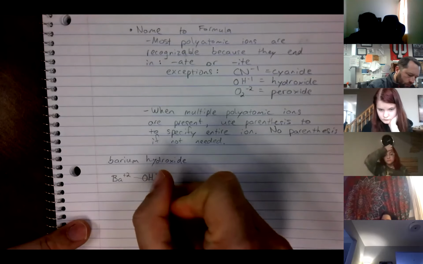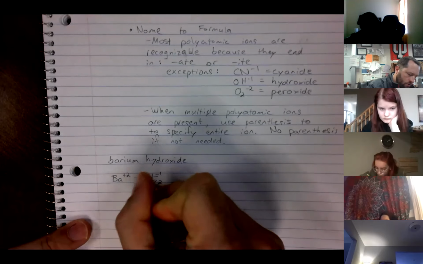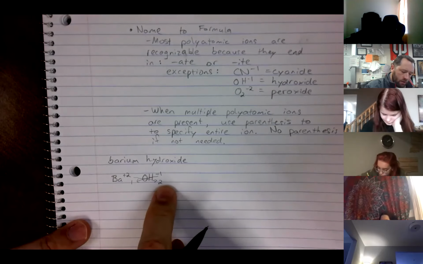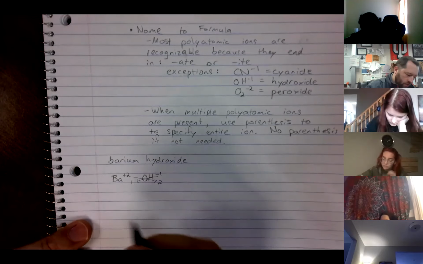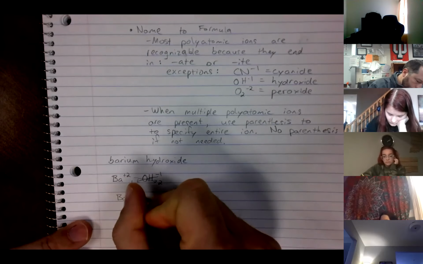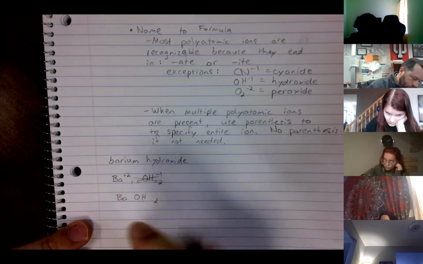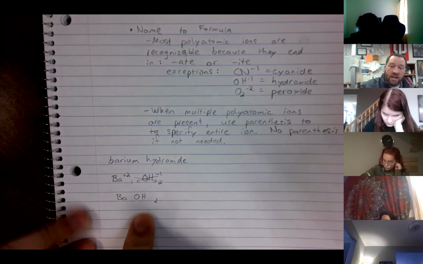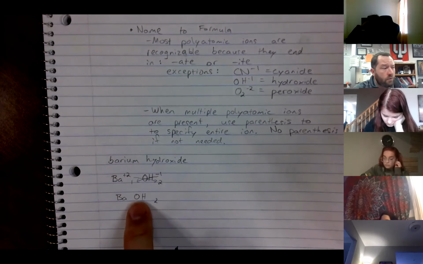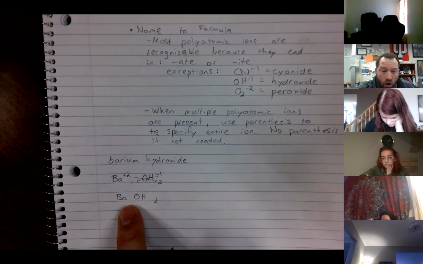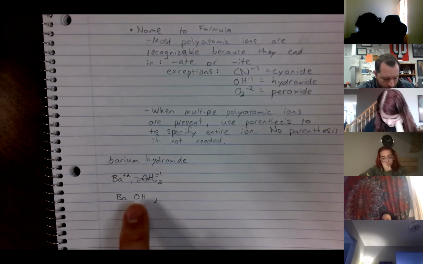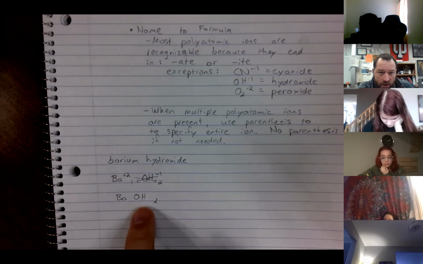We're pretty much going to treat this exactly like we did before. We're going to cross over, bring the 2 down here, bring the 1 over there. We don't have to write the 1, it's redundant. But we need 2 OHs. And here's the thing, the way I have it written right now is I have O, 1 O, and 2 H's, OH2.